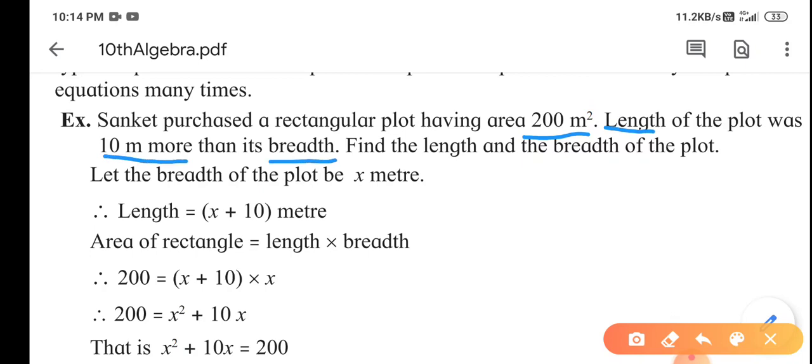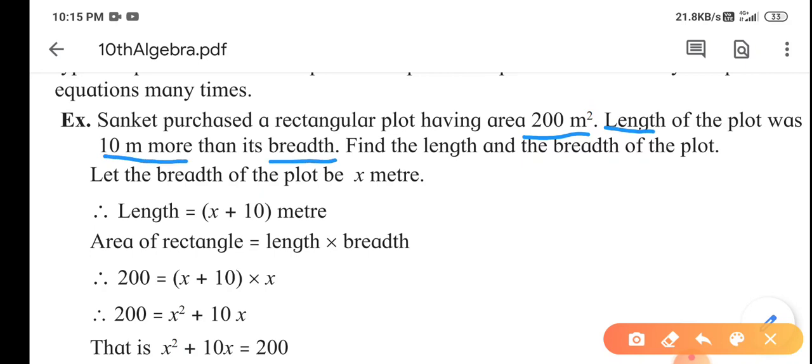All of you know that a rectangular plot is given and we have to find its area. What is the formula for the area of a rectangle? That is length into breadth.